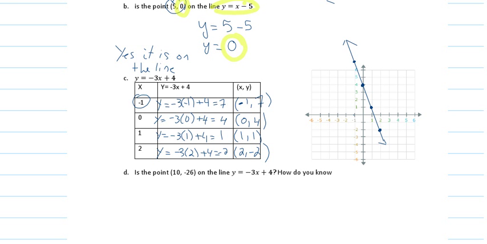Now the next question is asking you, is the point (10, -26) on the line? Can you look at the graph and find that point? No. So what do I have to do? I have to plug it in. I have to do the algebraic work. Okay? So if I plug it in, what do I plug in? So y equals to what?